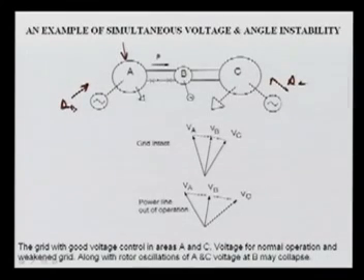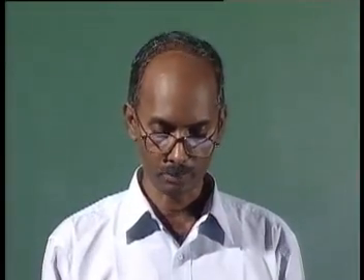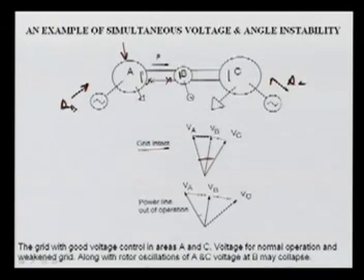If one of the lines here trips open, what happens? During the grid intact, you can see the voltage here is very fine, almost equal V_A, V_C and V_B; the voltage here, here and here is almost the same magnitude, and we have a small angle. If this line is tripped, what happens? Now you can see the voltage of B is reduced and the angle is increased.